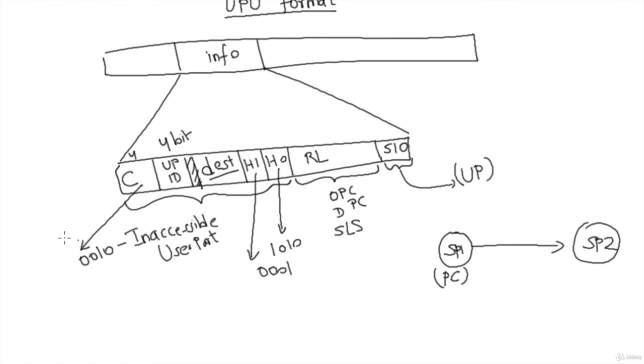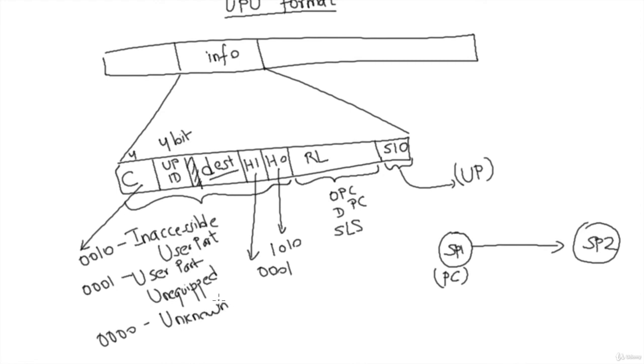Or it could be an unequipped user part, which is 0001. Here it means that the user part is unable to handle the traffic. So for that user part, an unequipped message will come. And finally, a generic code is there, 0000, to signify an unknown cause. Okay, so I hope it's clear.